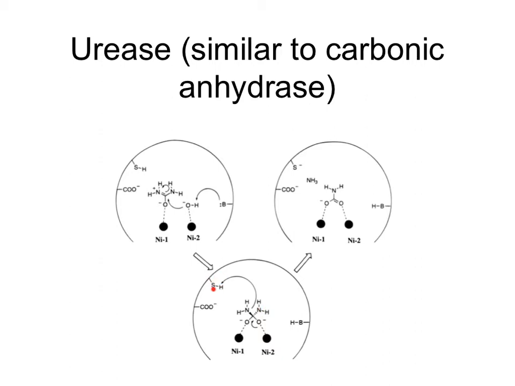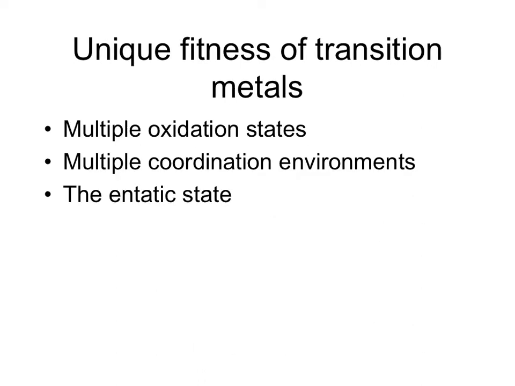A donor from a sulfur protonates the ammonia. This carboxylate is there to help stabilize the positive charge and sort of hold the urea in place. And so then we end up forming this product, which has lost an ammonia, and the chemical reaction has taken place. So the enzyme requires both nickels working in a concerted fashion to cleave the bond in urea.